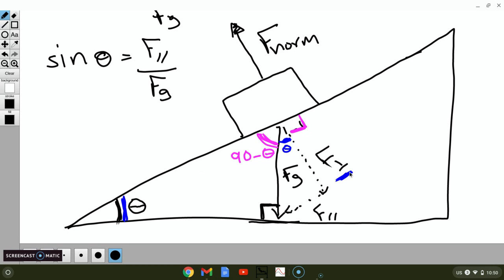F norm is in the opposite direction of F perpendicular. So F norm is now equal to F perpendicular, that perpendicular component of gravity. So if an object is sitting on an incline, the normal force is equal to the force perpendicular. Those two will balance each other.